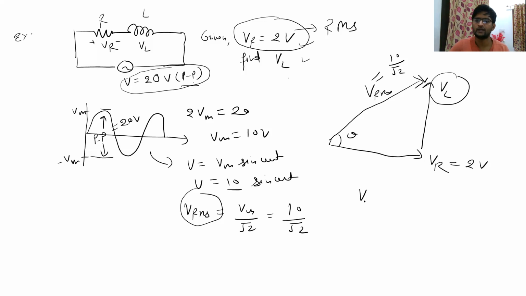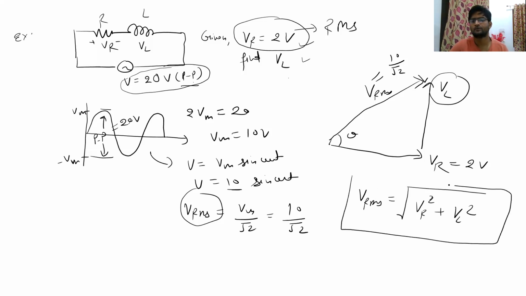You know that the magnitude of VRMS is nothing but the under root of VR square plus VL square, right? This is simple mathematics. So if you put all these values, 10 by under root 2 is equal to under root 2 square plus VL square.